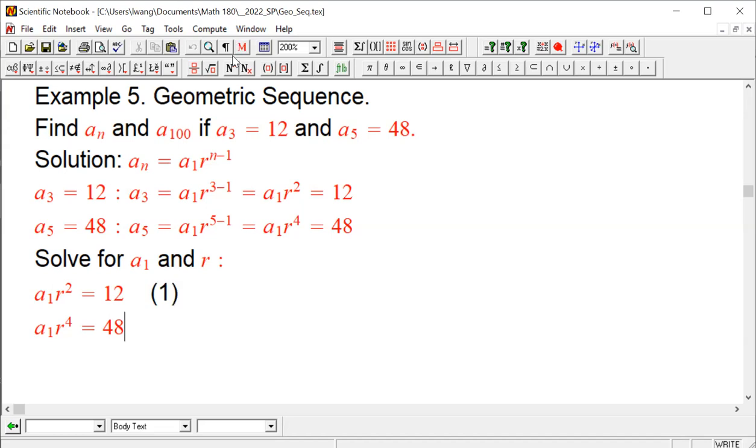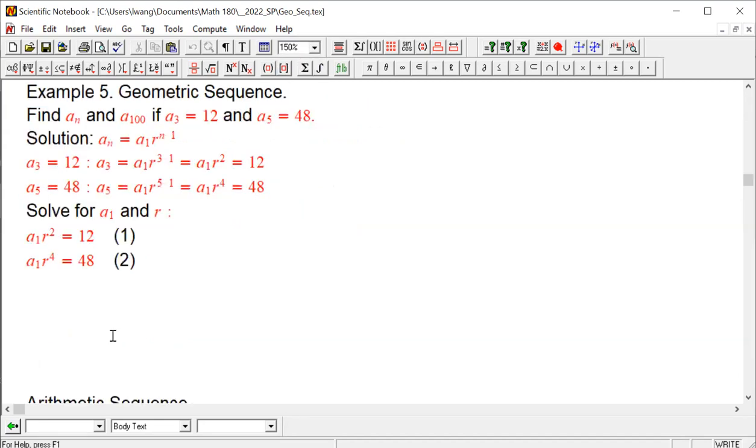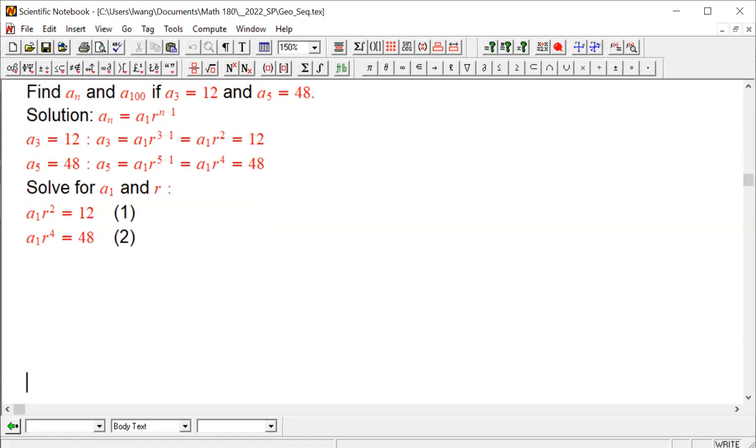We divide the second equation by the first equation.